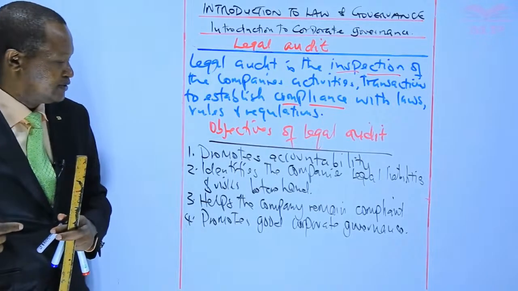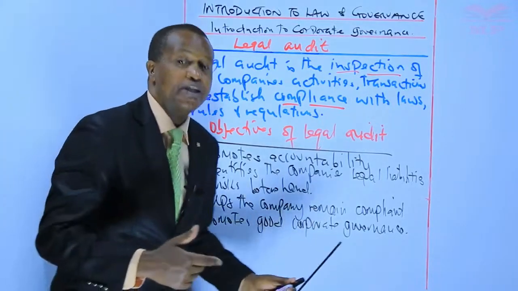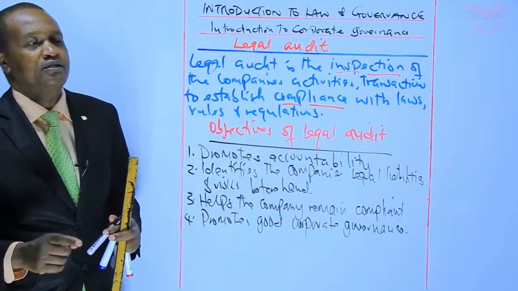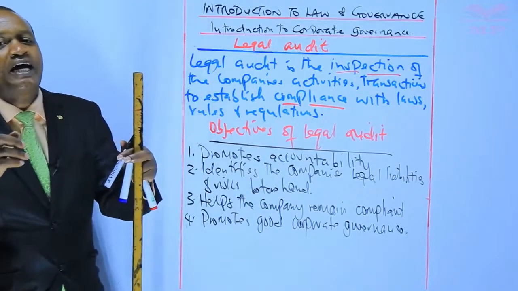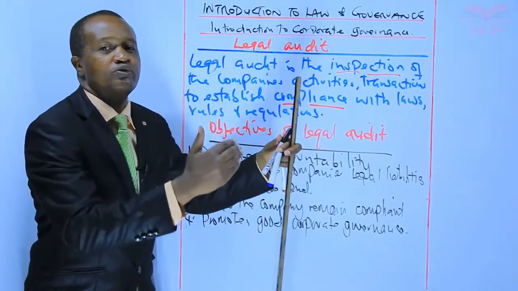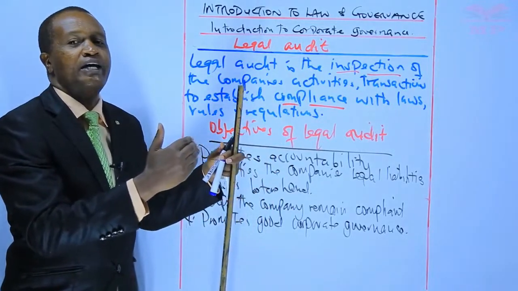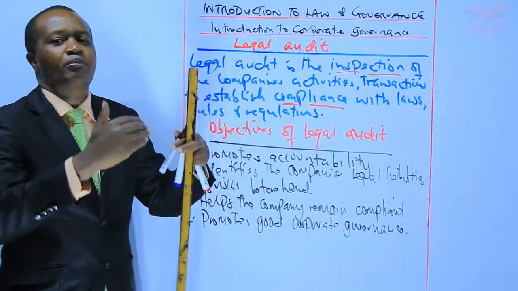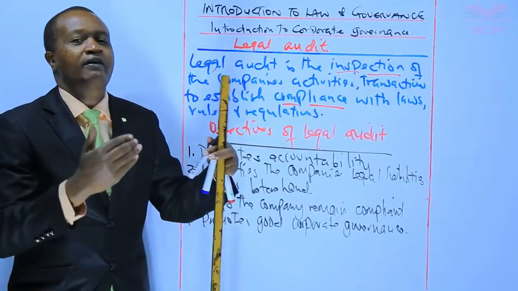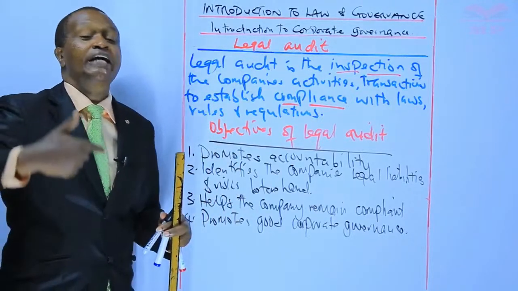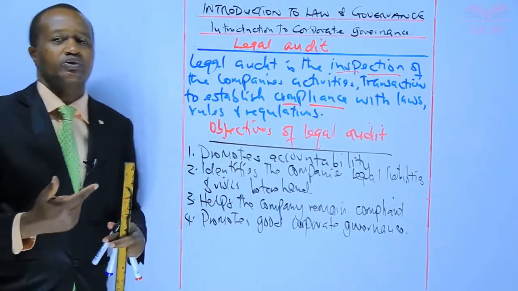All right? It promotes good corporate governance by, one, identifying weaknesses and deviations from laws and regulations, and by assessing propriety where there are insufficient or inadequate laws and regulations.